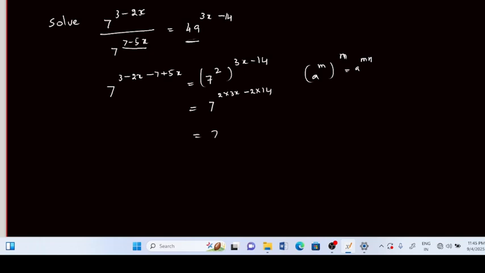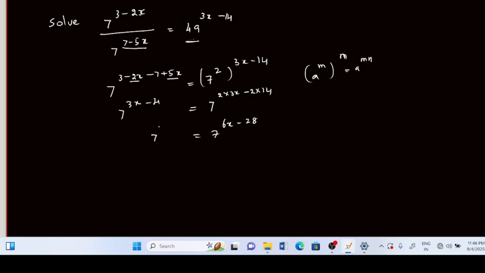So we get 7 power 6x minus 28. On the left hand side, the x terms can be added: 5x minus 2x is 3x, and 3 minus 7 we can write as minus 4.